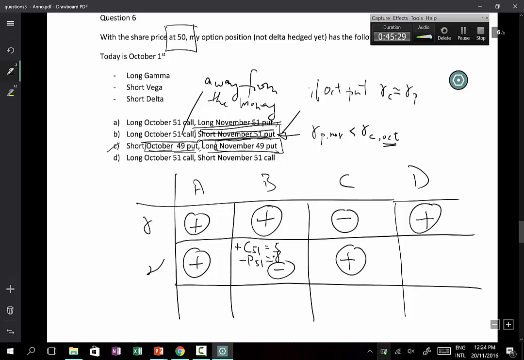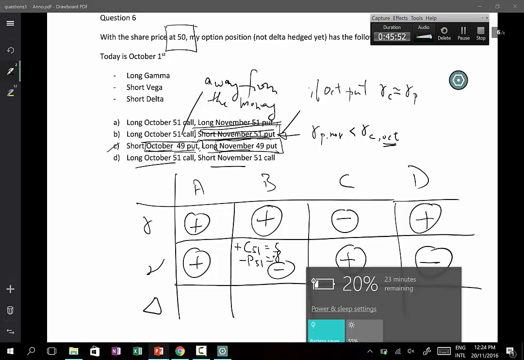This one is long because I'm long the longer term option, I'm short the shorter term. Here I am short the longer term, I'm long the shorter term, so it has to be minus. And you can do the same thing for delta. Again, you make use of the two things.